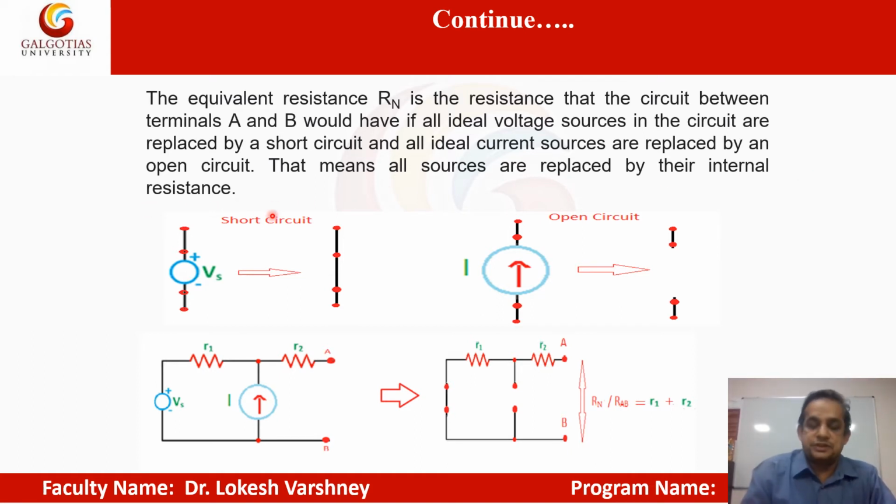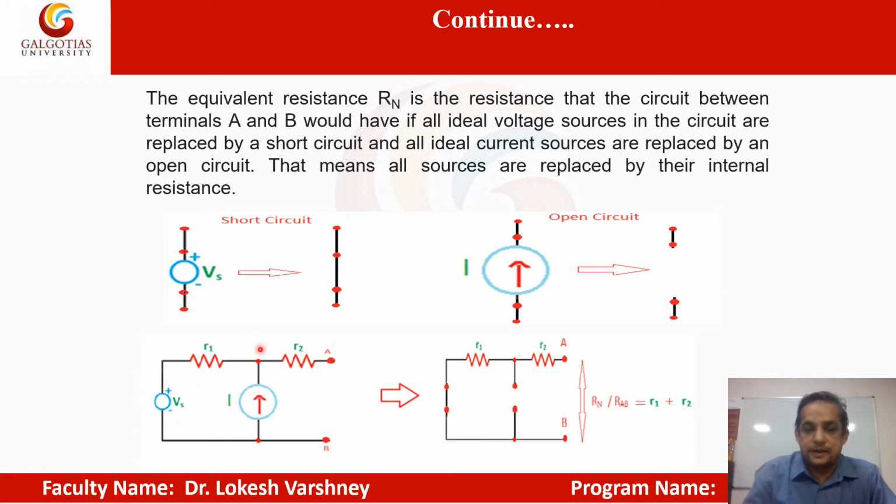Here the same process is applied. Firstly, we convert voltage source or current source to their own resistance. Voltage source has zero resistance, so it is a short circuit. Current source has high resistance, so it is converted to an open circuit.